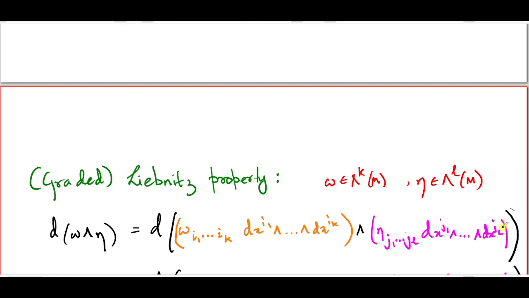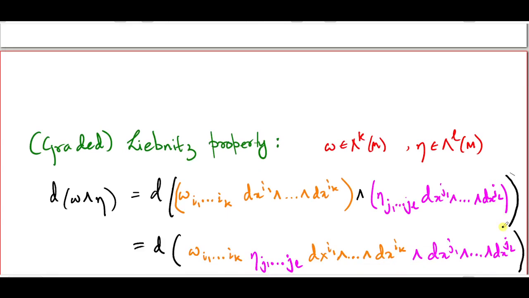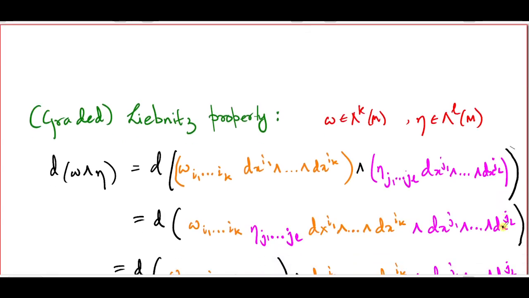Now we make use of the fact that the wedge product is associative and also linear to pull the etas out and put them together with the omega. So you have omega I1 through Ik, eta J1 through Jl, then you have the bunch of the coordinate differentials being wedged together in exactly the same order as they appear here.